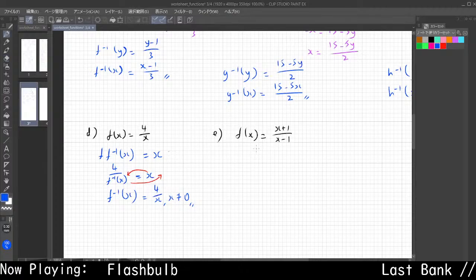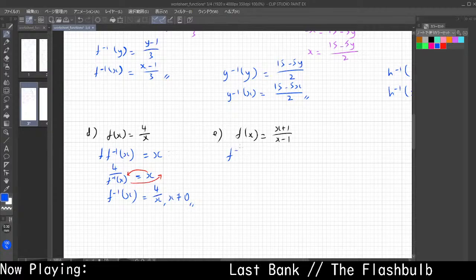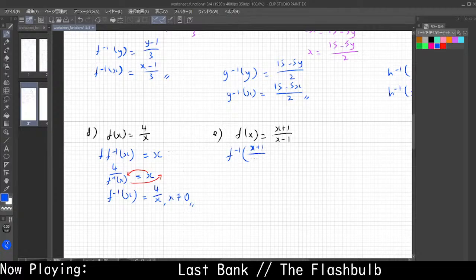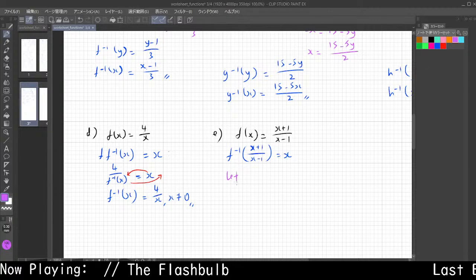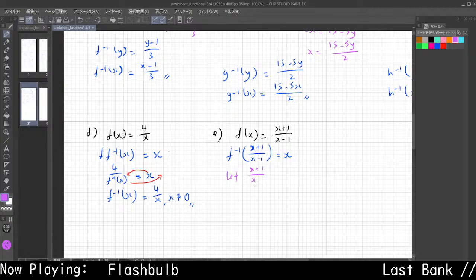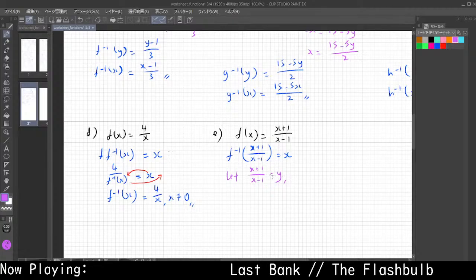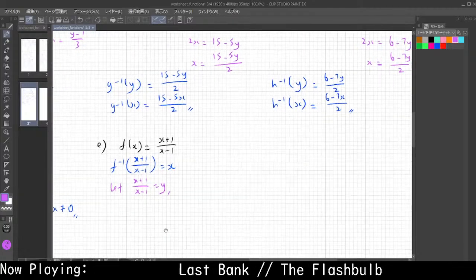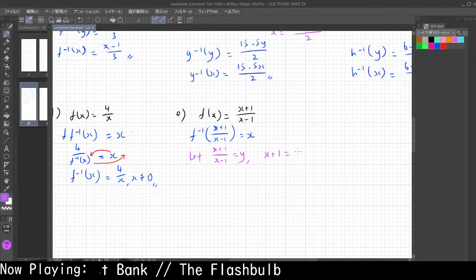In this case, it is actually easier to use the y form of it, because having f inverse over here on both top and bottom is actually quite tedious. In my own opinion, this is simpler.